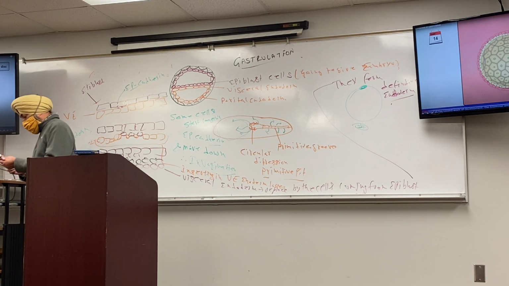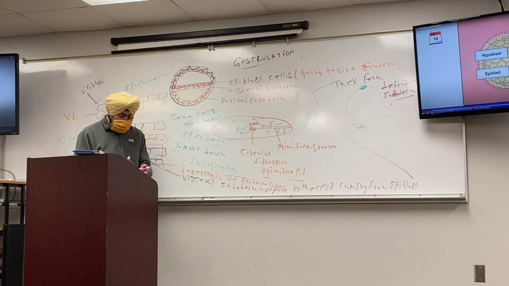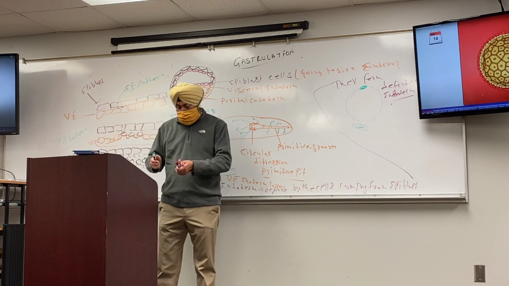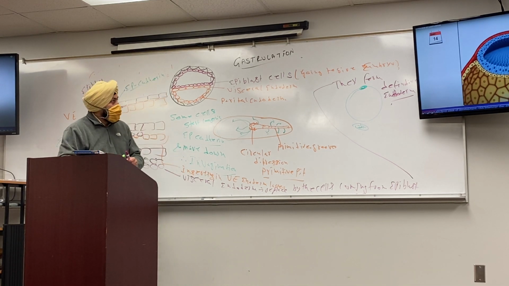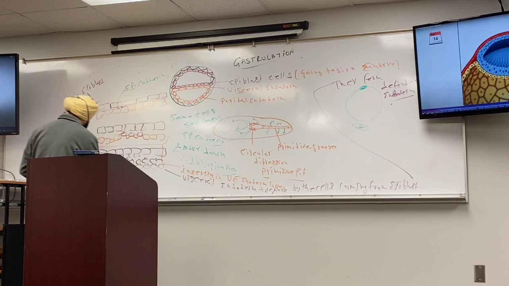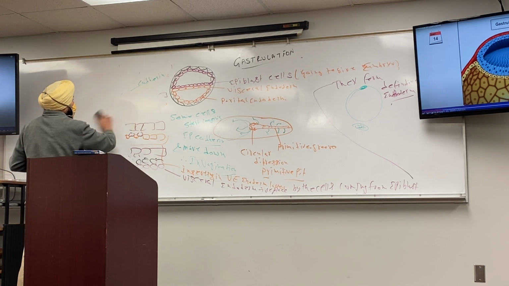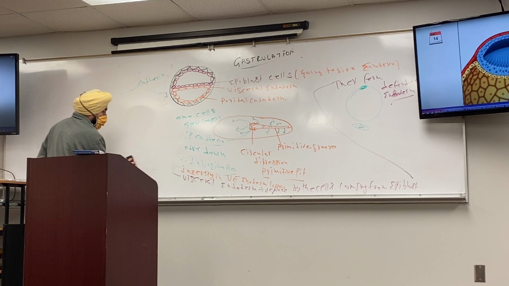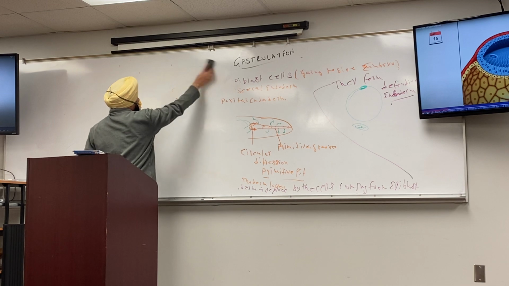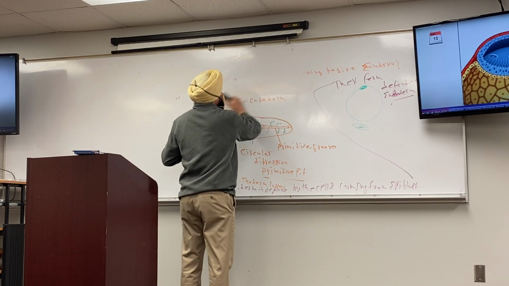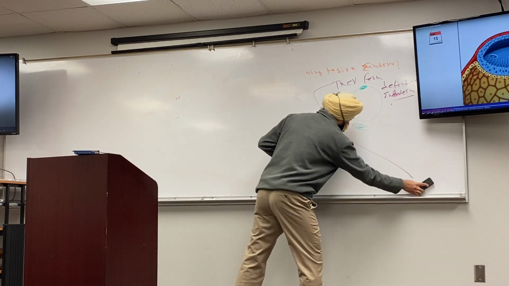Bilaminar embryonic disc, consisting of the hypoblast and epiblast, has formed. Throughout the third week of development, this bilaminar disc differentiates to establish 3 primary germ layers in a process known as gastrulation. Around 15 days after fertilization, a thickened structure forms along the midline in the epiblast near the caudal end of the bilaminar embryonic disc.